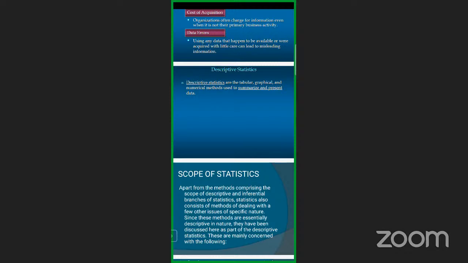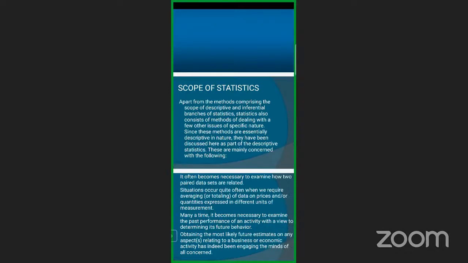For example, it often becomes necessary to examine how two paired data sets are related. Like just now we discussed one school compared with another school, and which one is the best one in which we can put our children for study purpose.